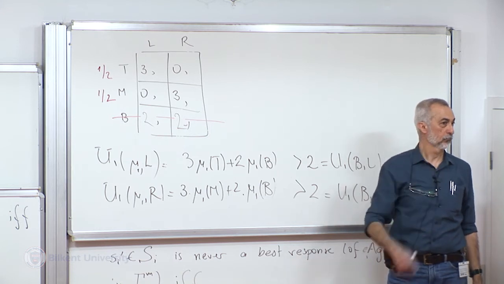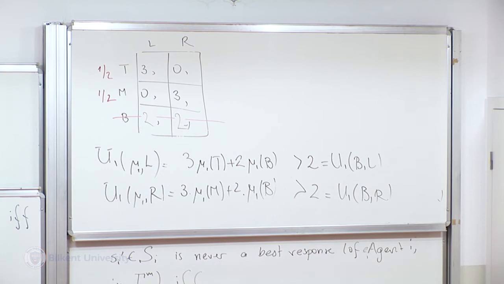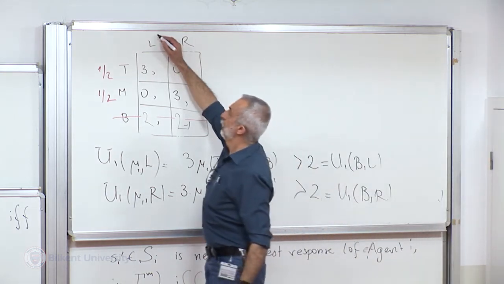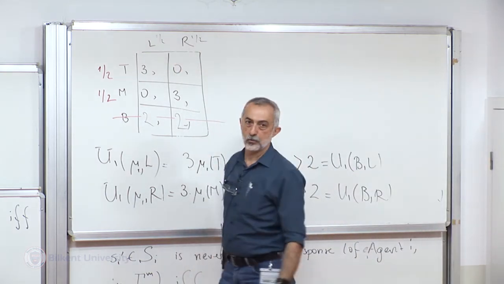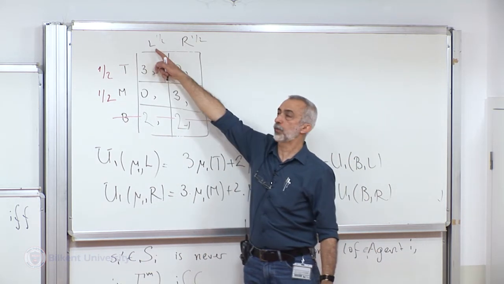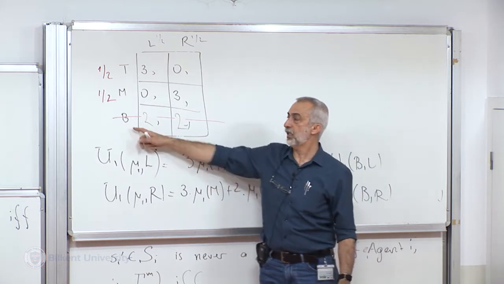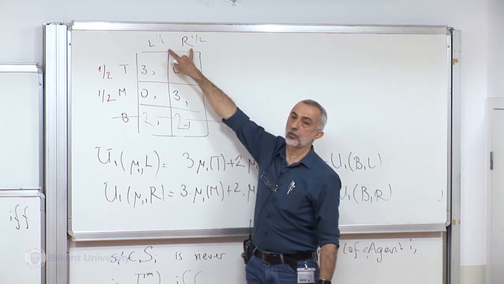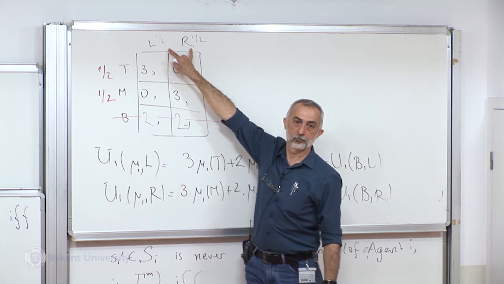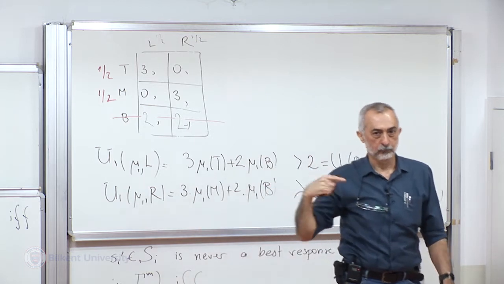Half, half, that's what you were saying: 1 over 2, 1 over 2. So if player 2 plays L with 1 over 2 probability and R with 1 over 2 probability, then B is a best response to this mixed strategy of player 2. So that's an answer to your question.